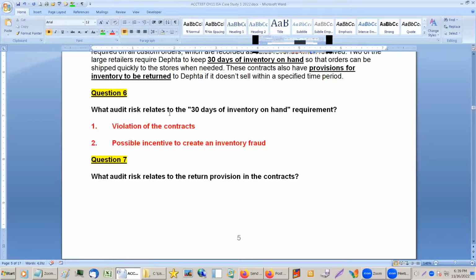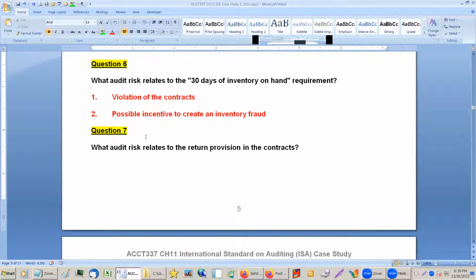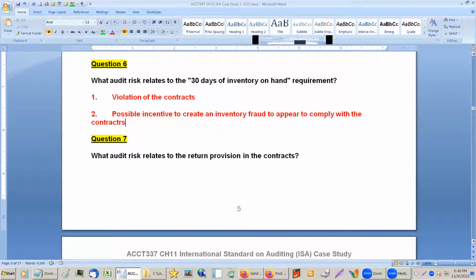So the two problems might be, it might be they're in violation of the contract, and it also might be that there is an incentive for them to create inventory fraud so that they do comply. So it appears that they comply with the contract. Darker so we can read it.